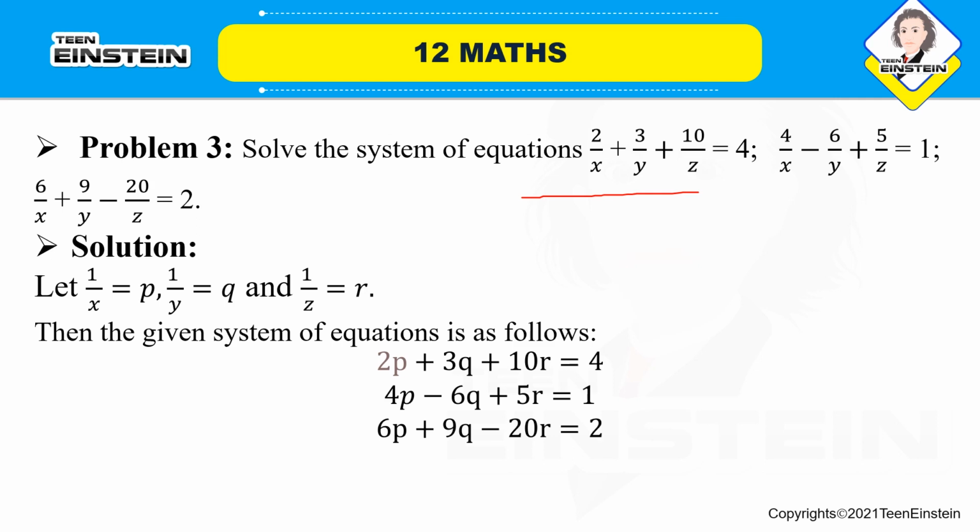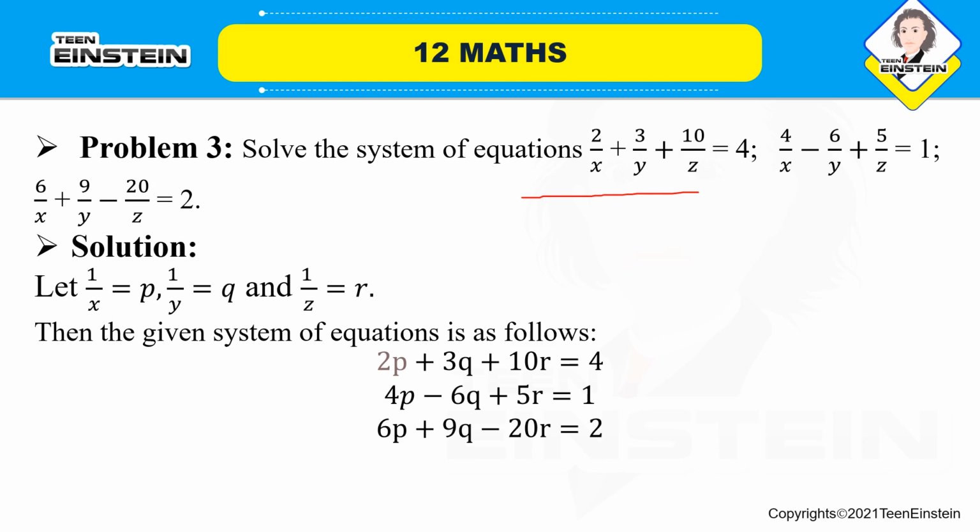Let us discuss the solution. Since the given system of equations is given in terms of reciprocals, like 1 by x, 1 by y, 1 by z, I am taking 1 by x as p because I don't know how to solve the reciprocal equations, right?